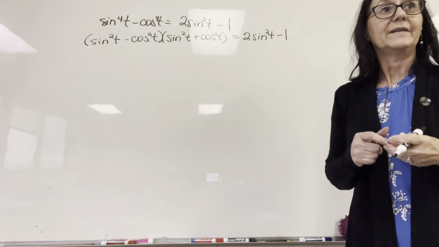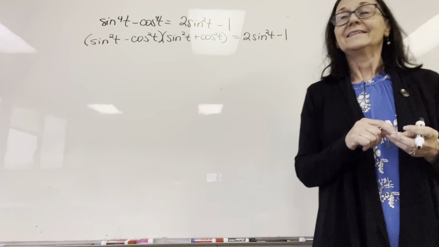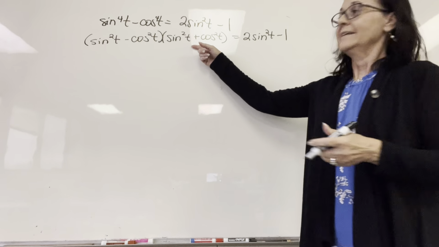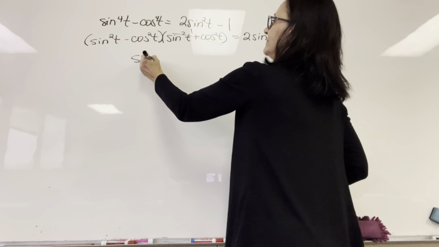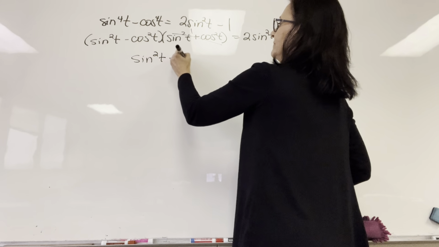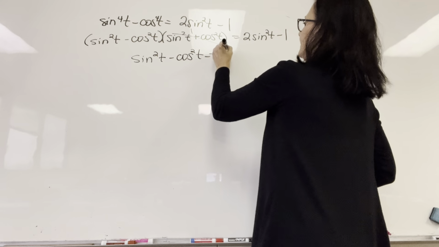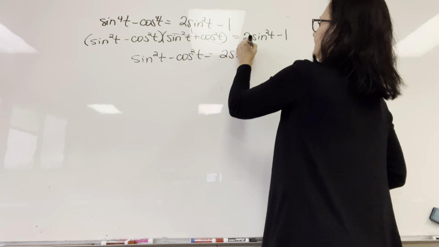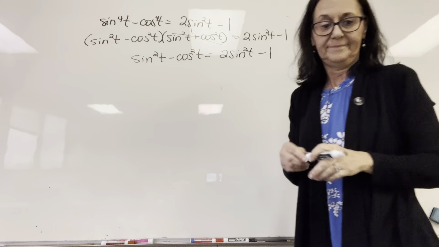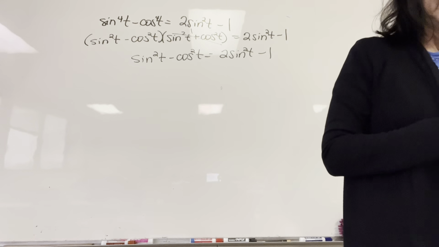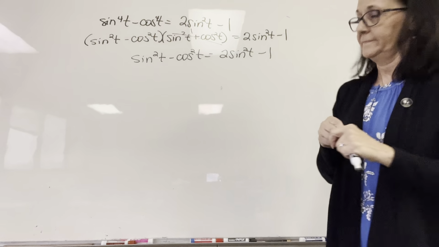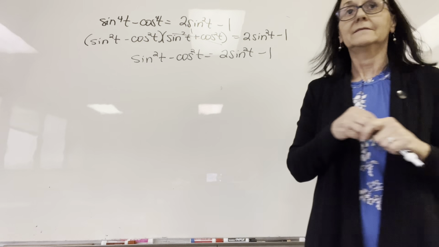All right, so now, the sine squared t plus cosine squared t is equal to 1, so this equals 1. Then sine squared t minus cosine squared t.